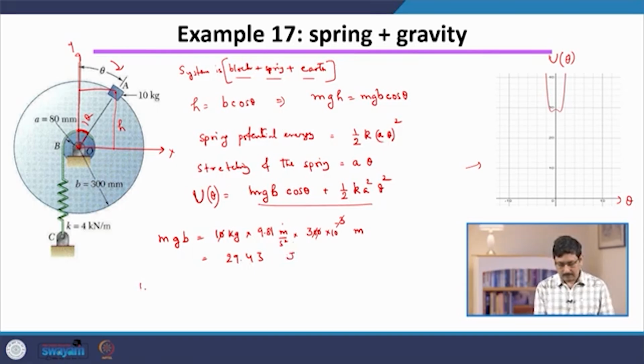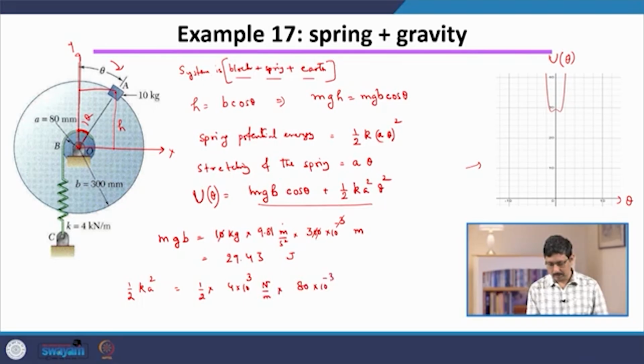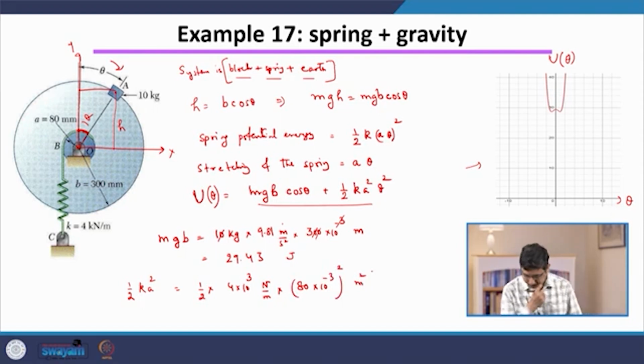Then this k a square. k is 4 kilonewton, kilo is 10 to the 3, Newton per meter, times a square, which is 80 into 10 to the minus 3 whole square meter square.